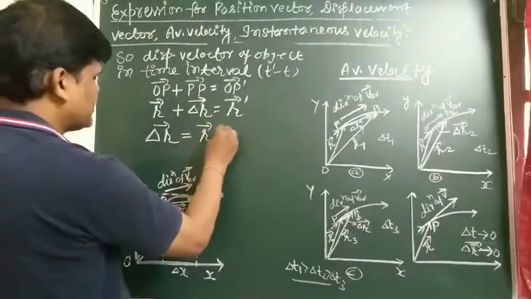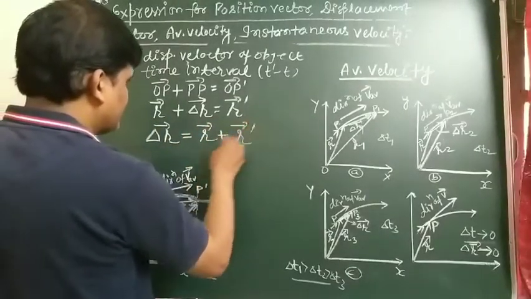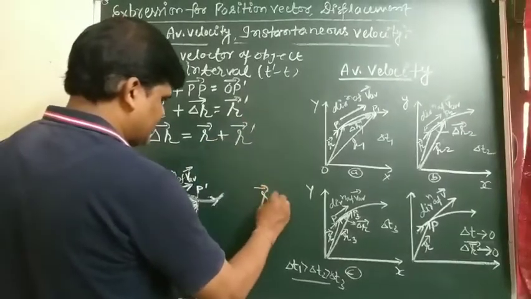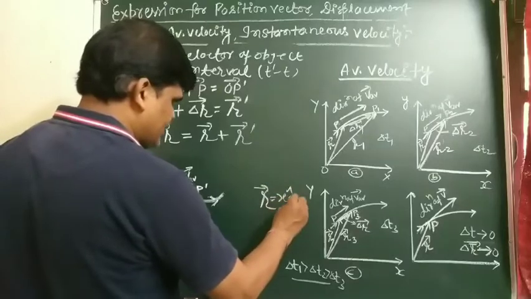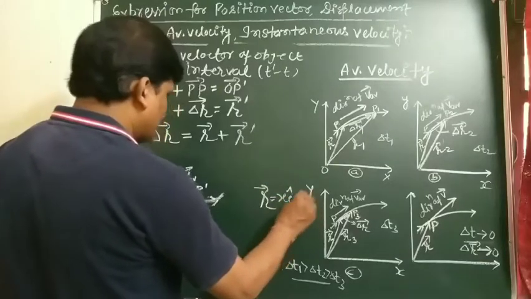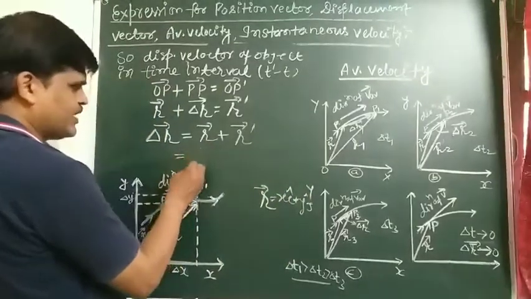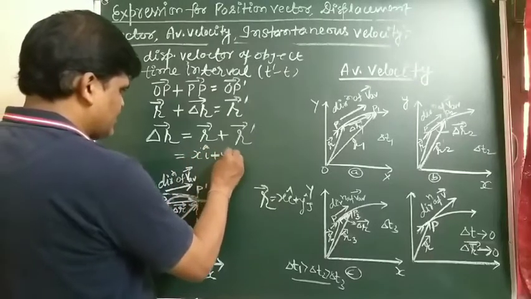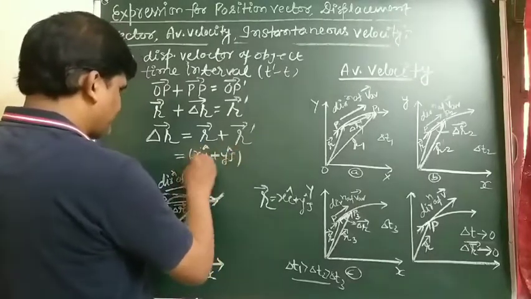So r dash can be written as vector r plus delta r, and you know that r is x i cap plus y j cap.